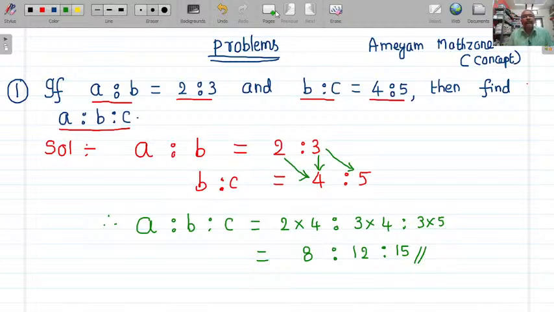Now let us move to the second question. All of you look at the screen.